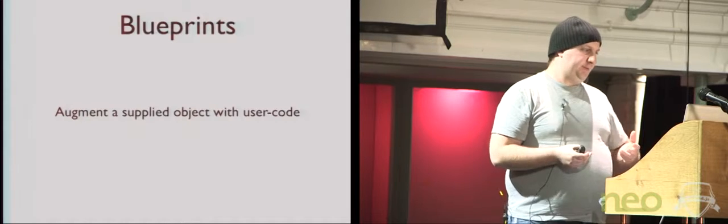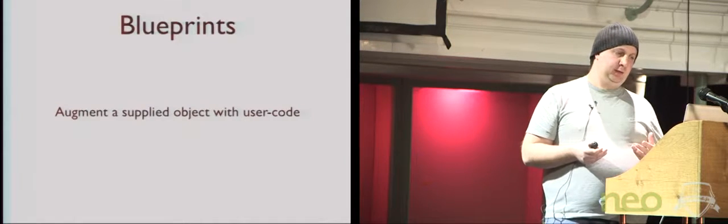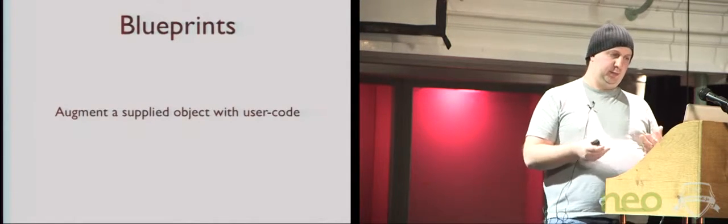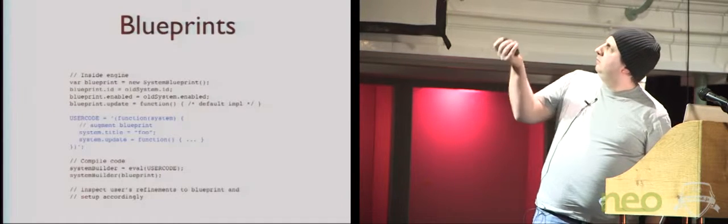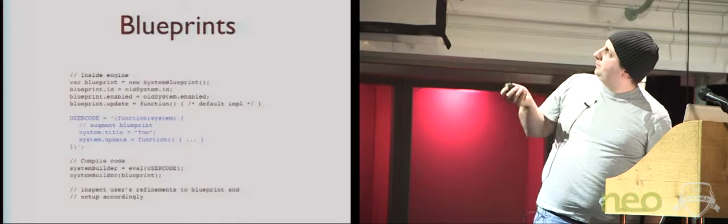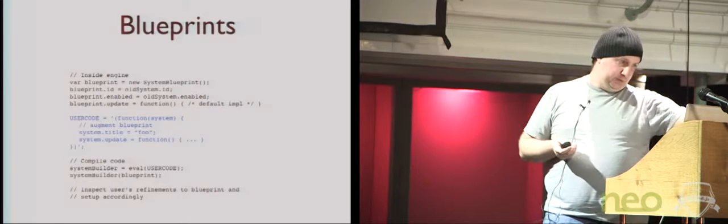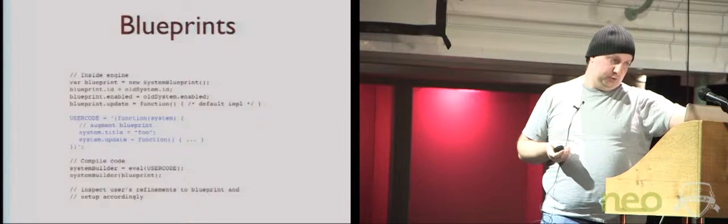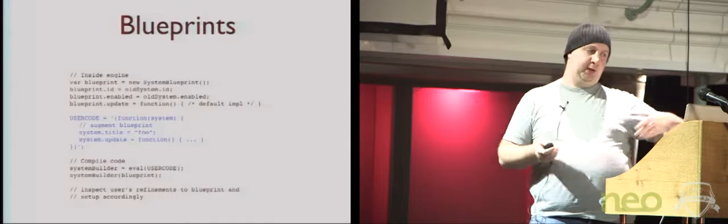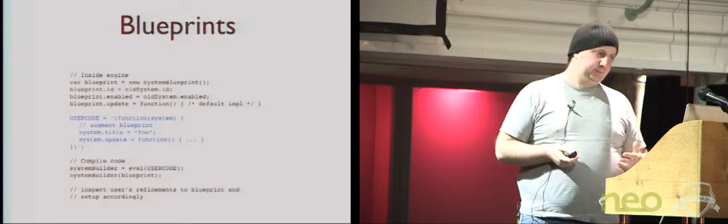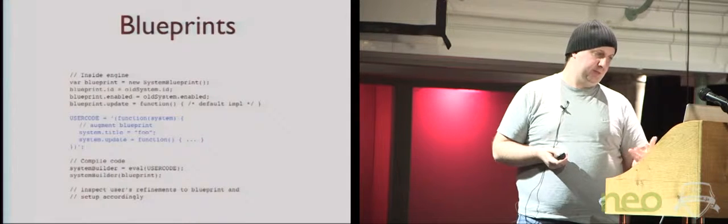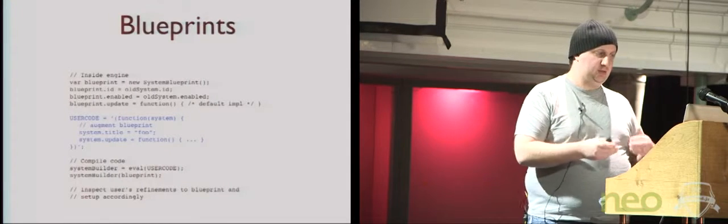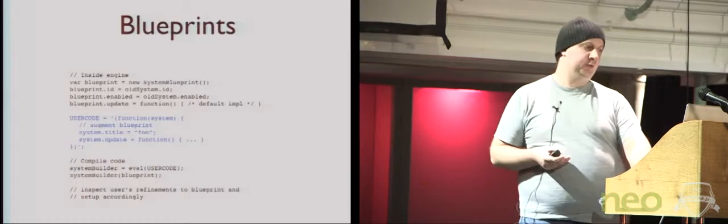So, for example, in the game engine I demonstrated earlier, we would create the prototype object, copy some stuff across from the old version, create the new version from the user code, and then run the user code with the blueprint so it can augment that. It's similar to the variable injection example, but it's a pattern that emerges in a more structured environment.